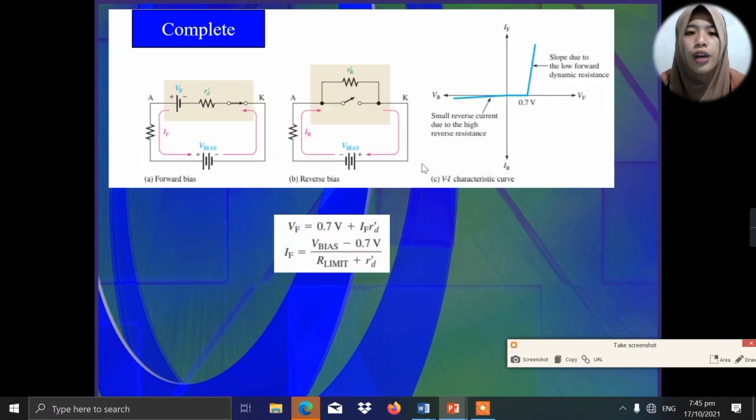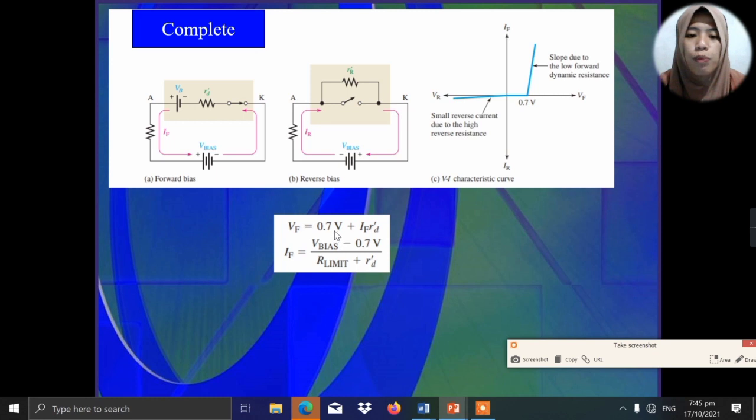For the third one, we have what we call the complete. Itong complete, ito yung curve niya. Dito na curve, this is the slope due to the low forward dynamic resistance. Ito naman, this is the small reverse current due to high reverse resistance. So, ito yung formula for the complete.